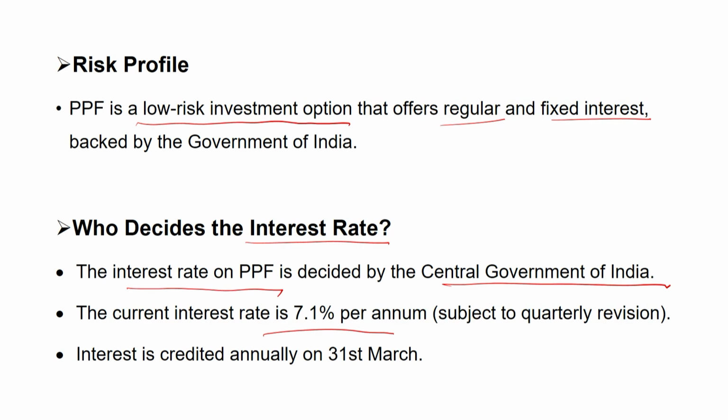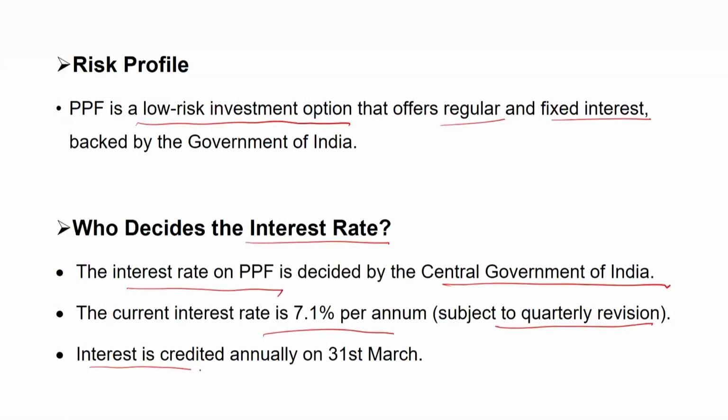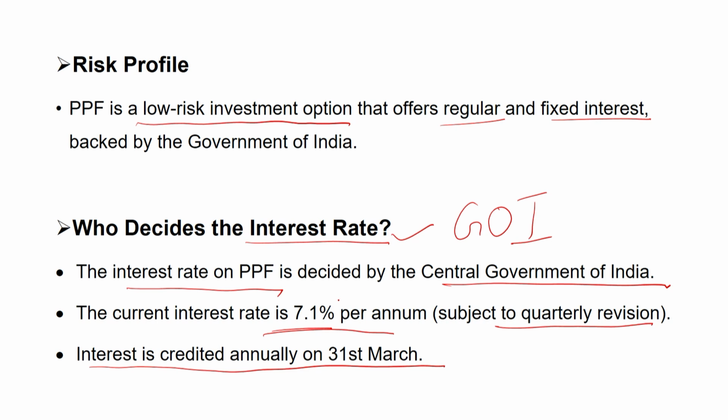So in every quarter the government revises the percentage of interest that the investor will earn, and the interest is credited annually in the PPF account on 31st March by the banking companies to the account of the investors. So basically the interest rate is decided by the government of India, and in every quarter it is revised for the purpose of maximizing the benefits of the investor. But the current rate of interest for the PPF account is 7.1%.